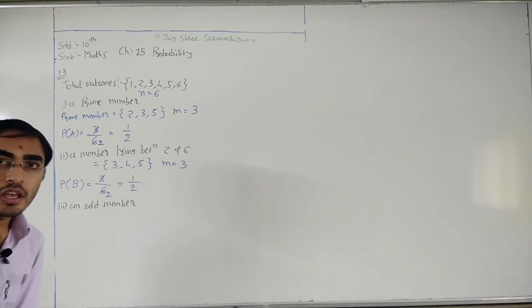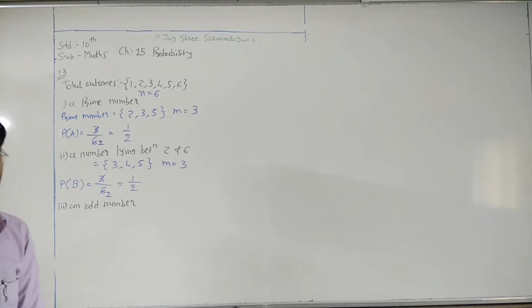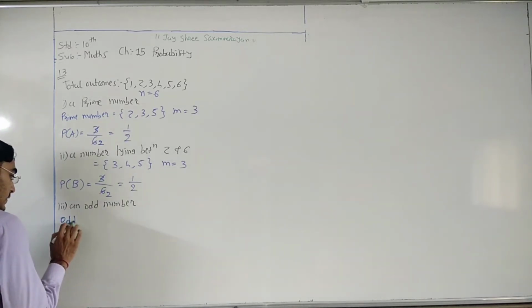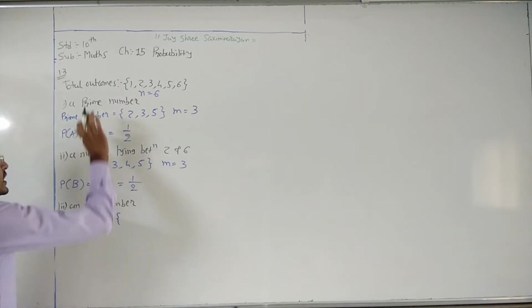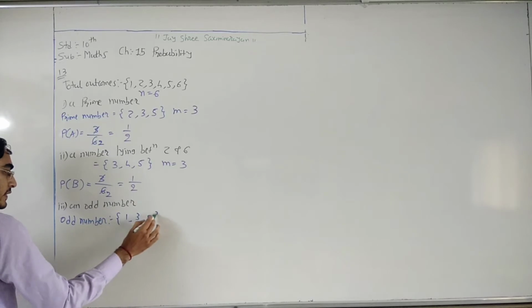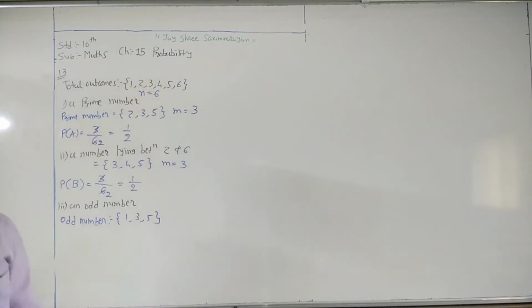Okay. After that, number 3, an odd number. So how many odd numbers are there? Here 1, 3 and 5 are odd numbers. Right, in 1 to 6 we have 3 odd numbers: 1, 3, 5.